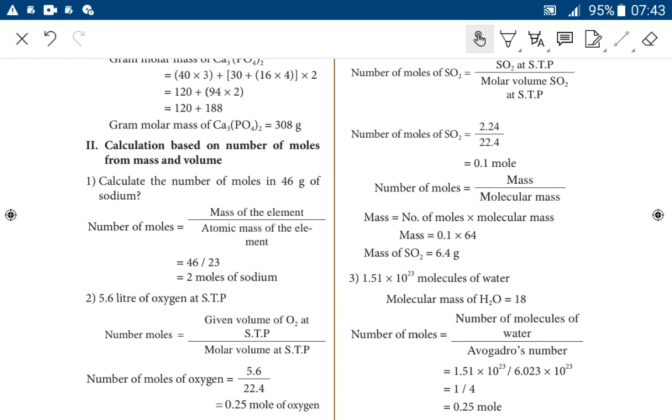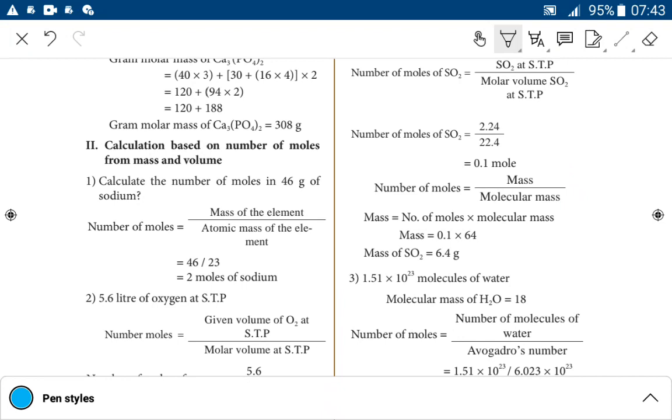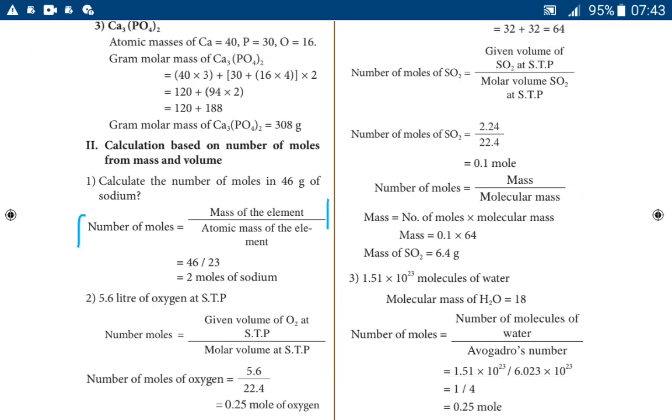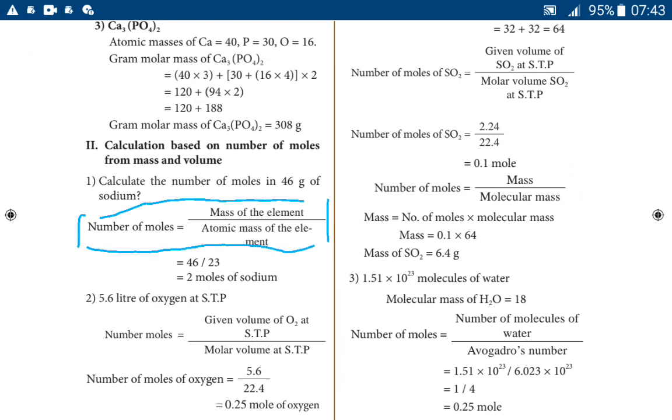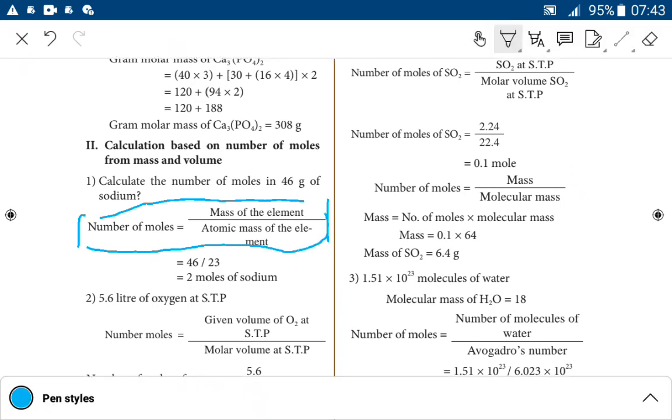So 3 formulas are used in this calculation based on number of moles, mass and volume. The first formula is number of moles equals mass of the element by atomic mass of the element.